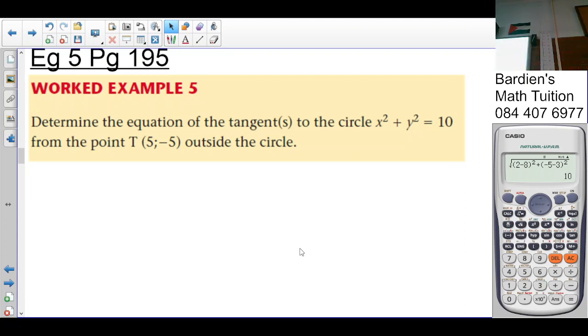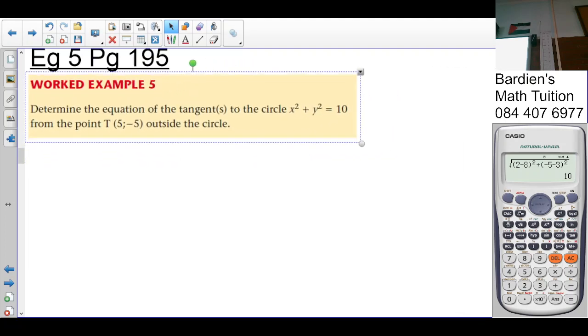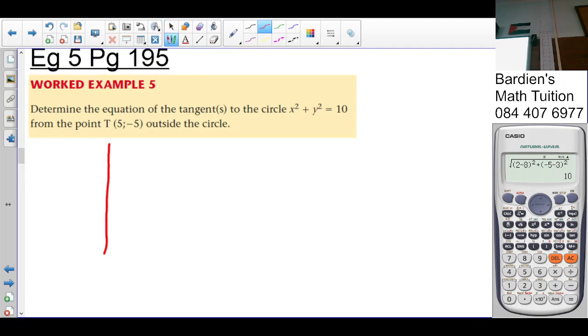So what's the center of the circle? The coordinates of the center of the circle? (0, 0). What's the radius of the circle? Root 10. Okay?